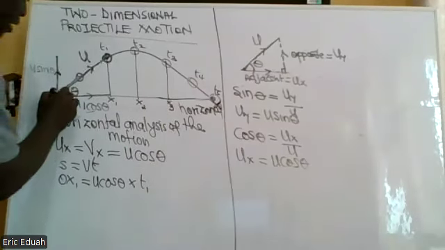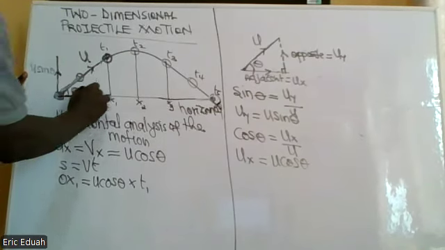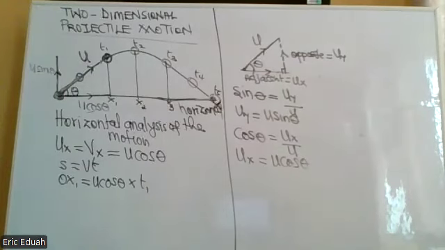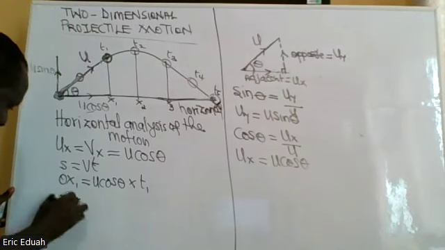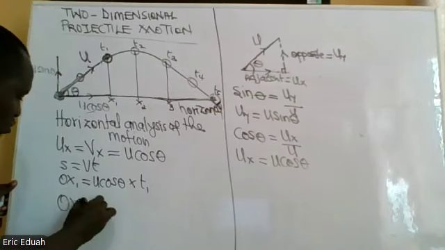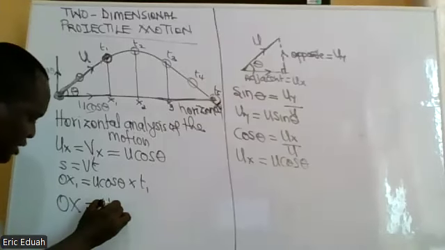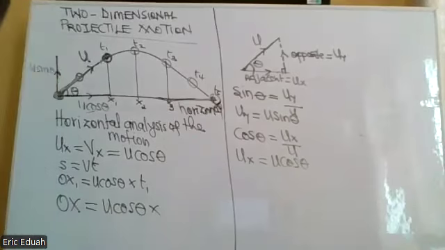Now the total horizontal distance covered, which is the range, here it is OX. OX in this case will be equal to the constant velocity u cos theta times the time of flight.